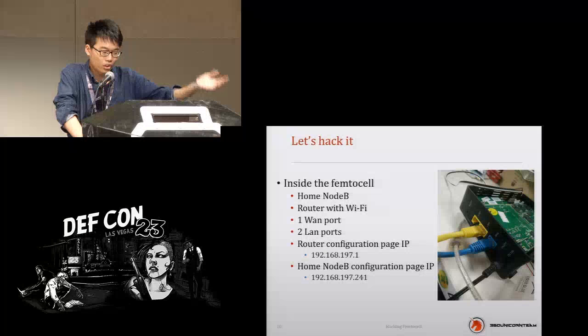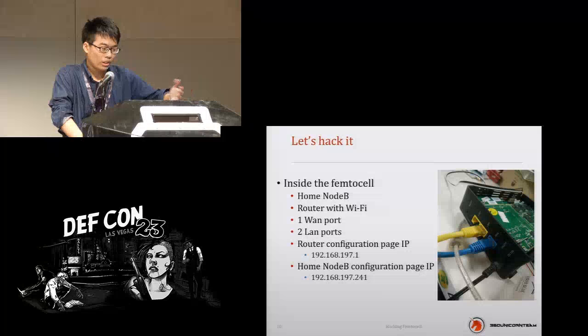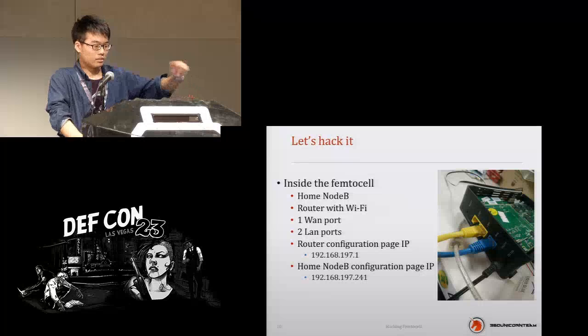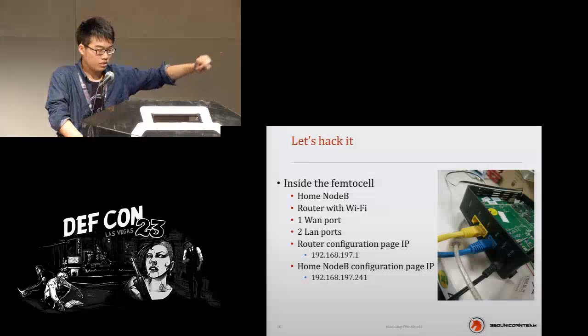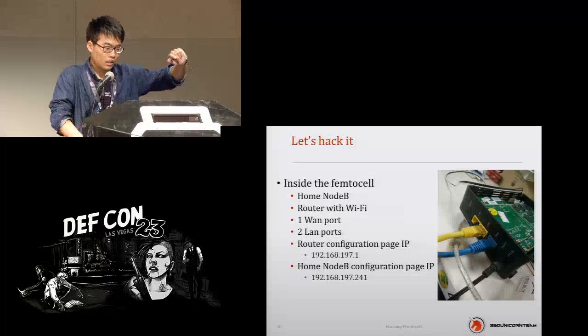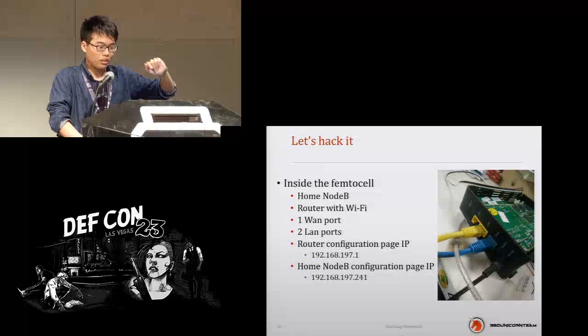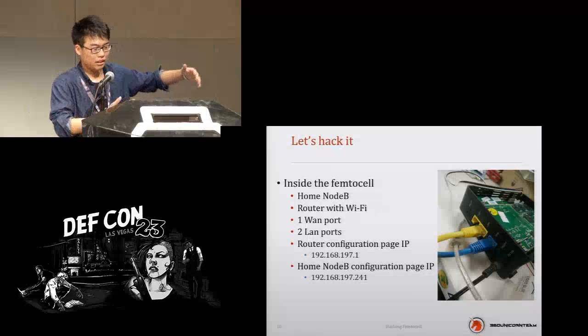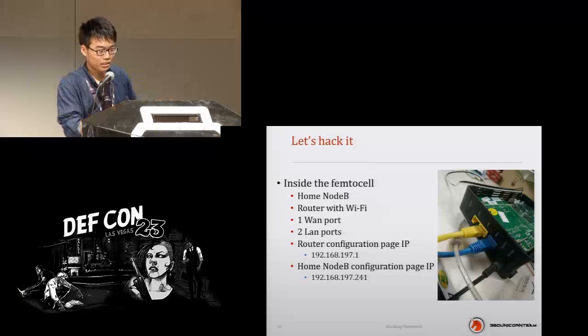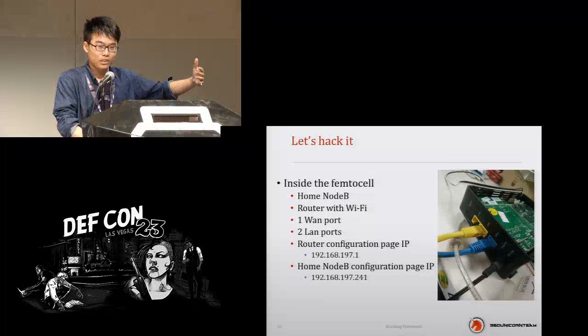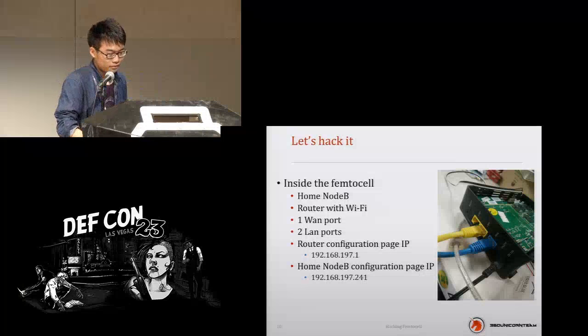The router's IP is 197.1, and the home node B configuration IP is 197.241. You can see that the most important IP is the home node B IP, because this is the GSM signal that you can configure.